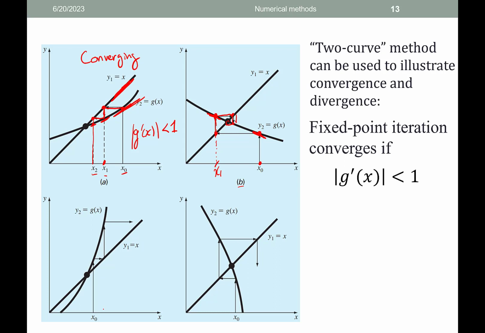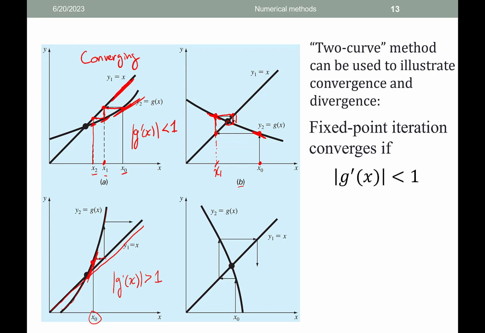Let's look at these other options on the bottom. Here we have x naught, and this is the g of x line right here. You can clearly see now that the slope at this point is much greater than the diagonal line. This is the diagonal line, right? Therefore, the absolute value of g prime of x is greater than 1 in this case.